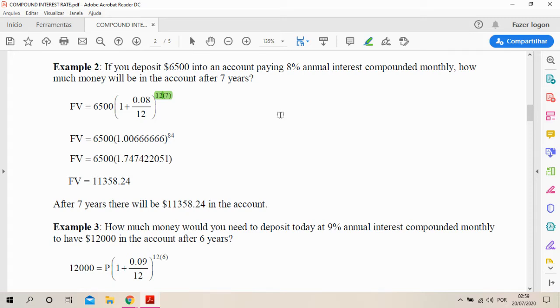And this gives the future value or the final value of $11,358.24. And we conclude that after 7 years, there will be $11,358.24 in the account.